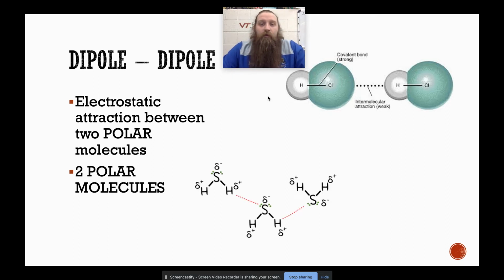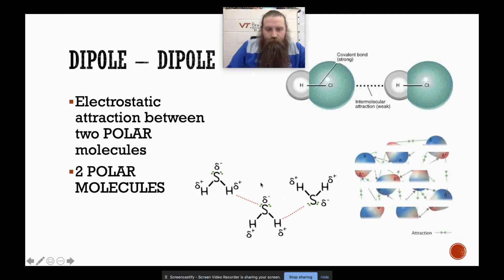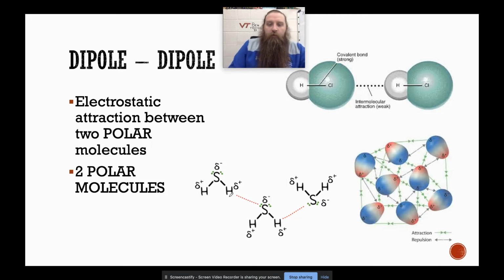And a great example of this, okay, is right here between this S atom, this sulfur atom, and this hydrogen atom right here. So this dotted line is showing an interaction. Anytime we see a dotted line between two chemical species, we're showing an interaction. Now, it looks like it might be a bond, but it's not a bond.